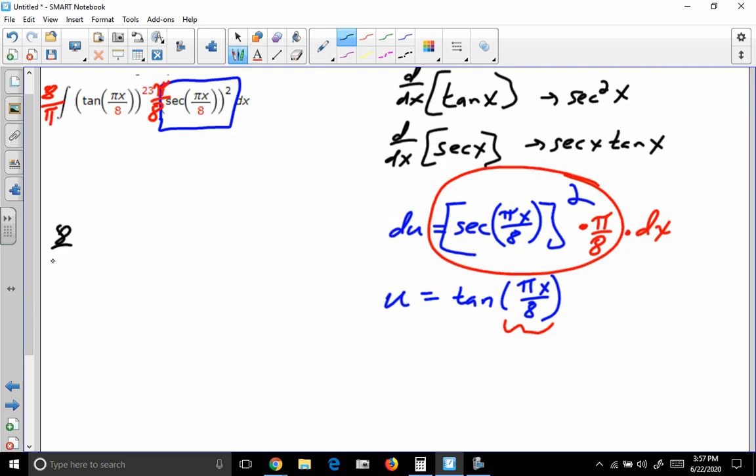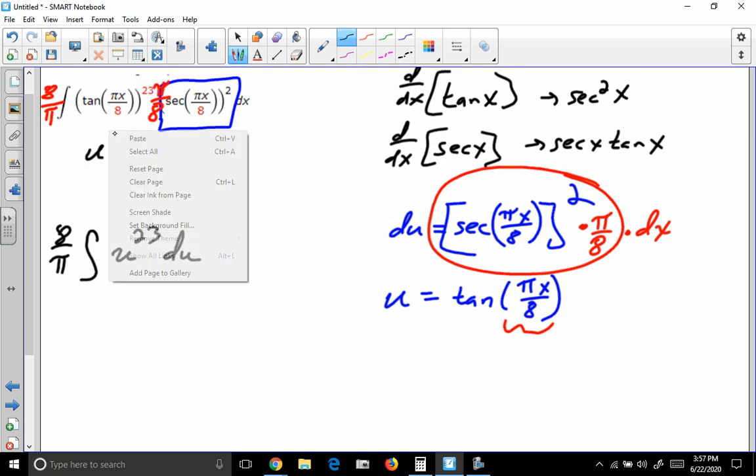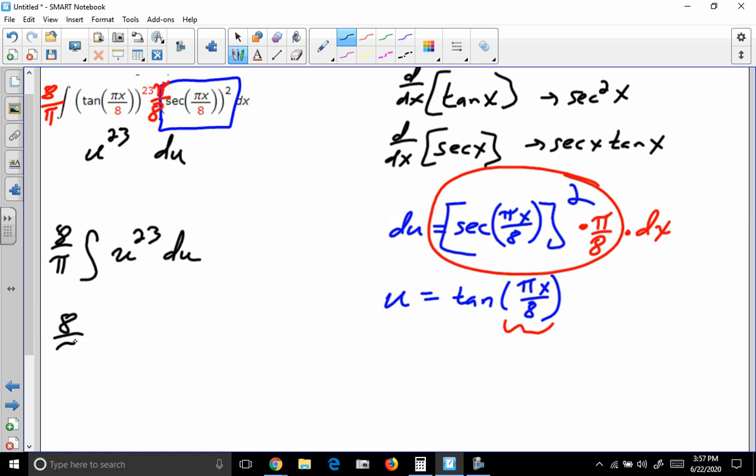So 8 over pi, integral of u to the 23rd, and all of that is du. To integrate that, that's just u to the 1 bigger power over that power plus c.